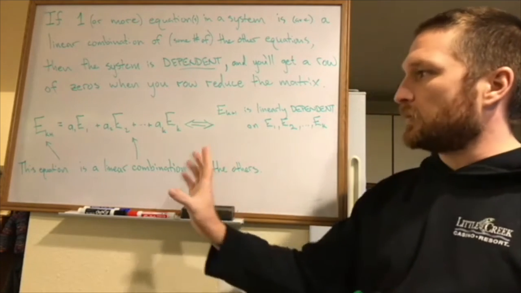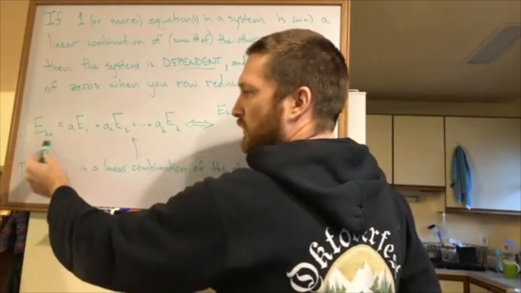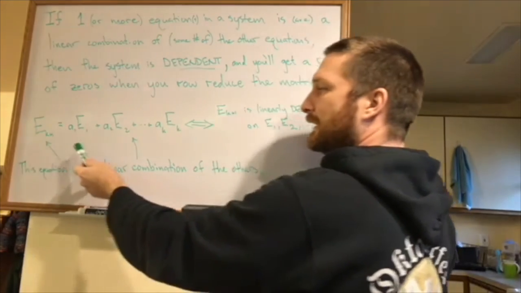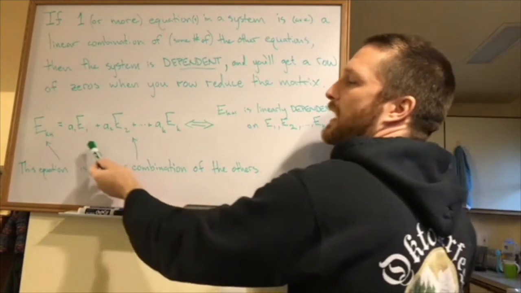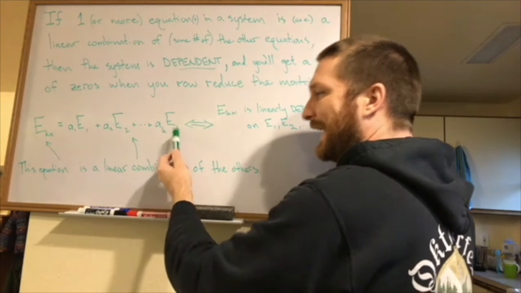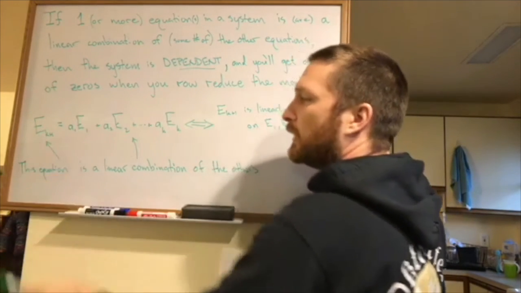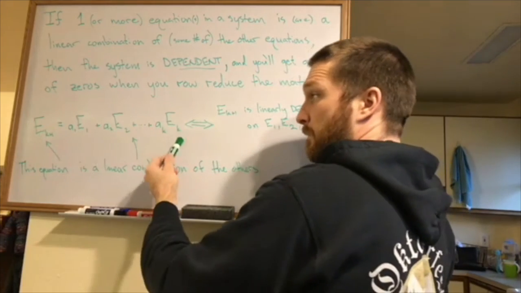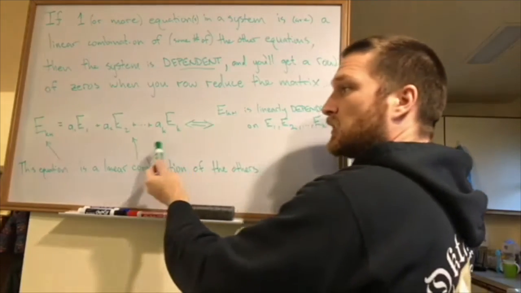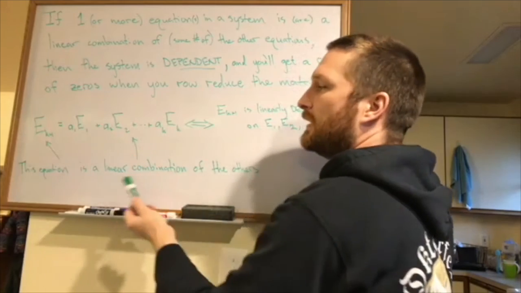So in pictures, this is kind of how we think about it. It's saying if one of your equations or rows is a linear combination of the others. So I'm imagining I have k equations, 1, 2, 3, all the way up to k. And then we make a new one, equation number k plus 1. We do that via a linear combination. So we're taking some constants, a1, maybe that's 2, a2, maybe that's 7.